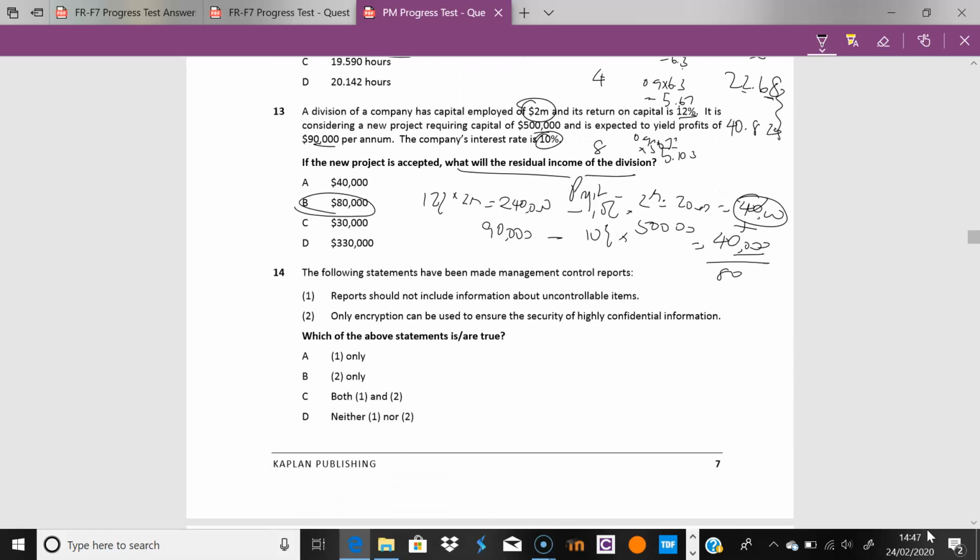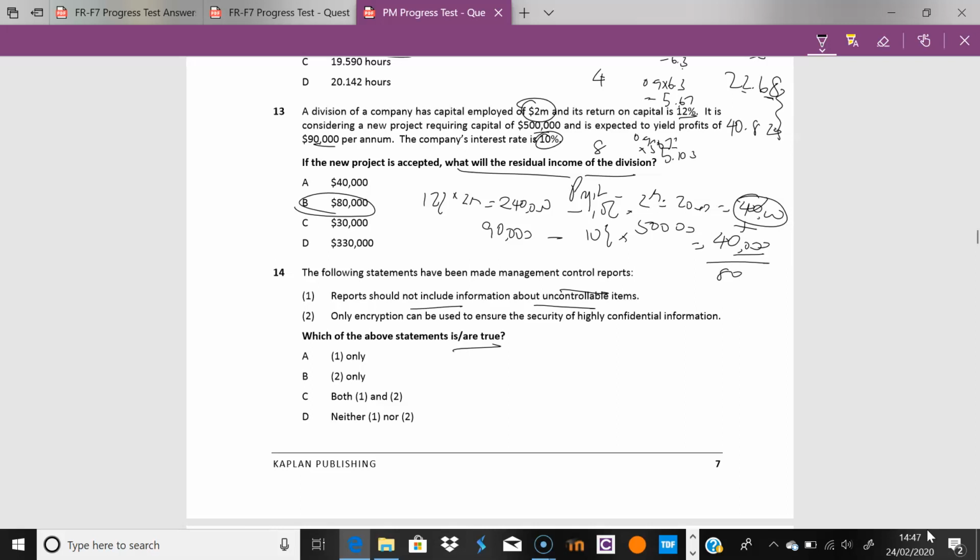And so here what are we saying? So question 14, which of the following can be made in a manager's reports? Reports should not include items about uncontrollable items. Now, this is not true.